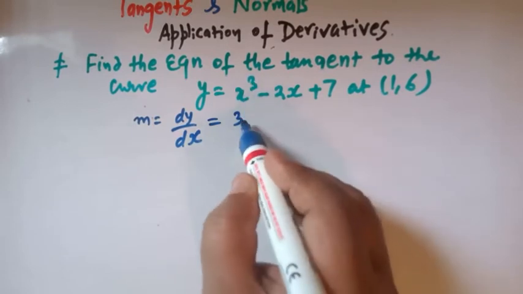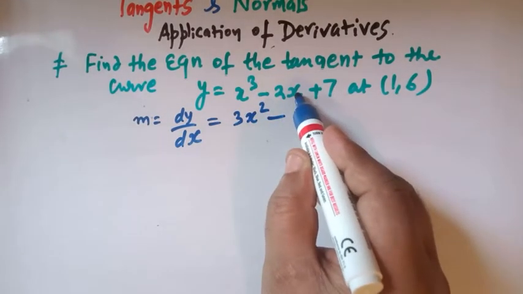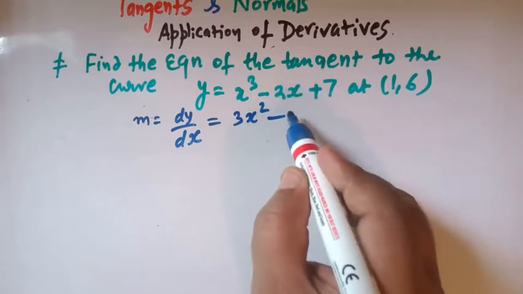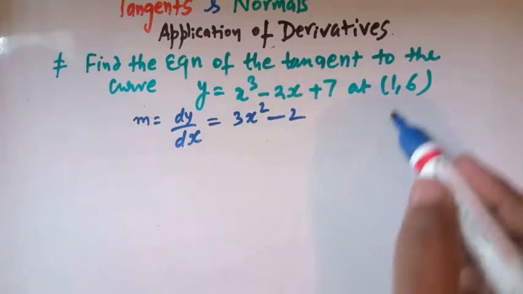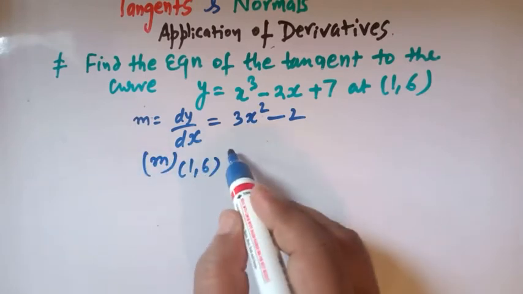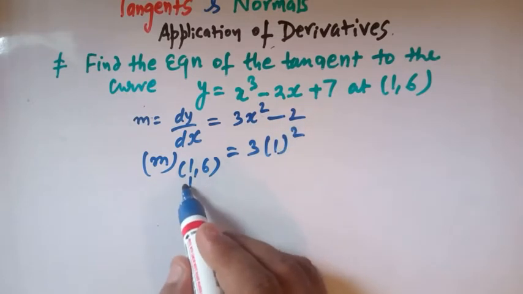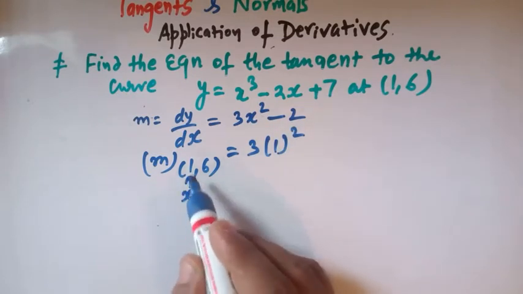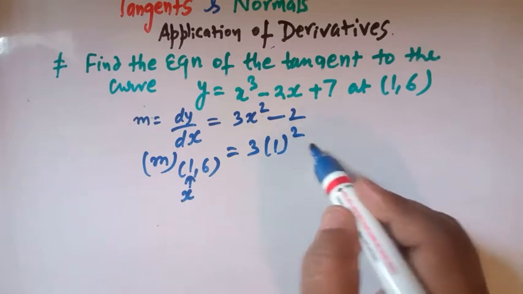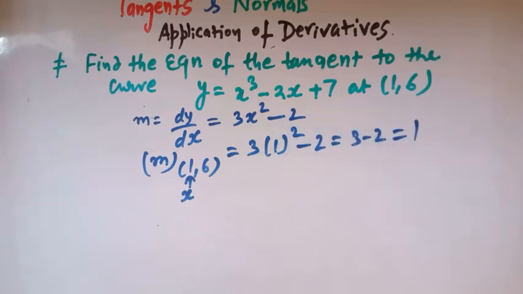The derivative of x cube is 3x square, and the derivative of 2x is 2. Clear? And the slope at (1, 6) is 3 times 1 square, as we substitute x is equal to 1. Clear? So this is 3 minus 2, which is equal to 1.